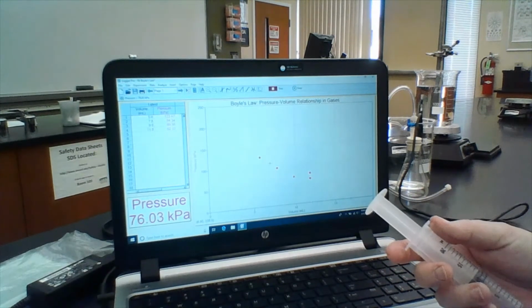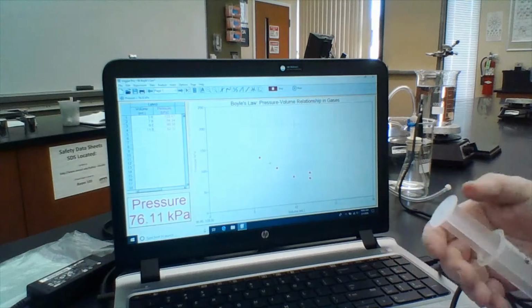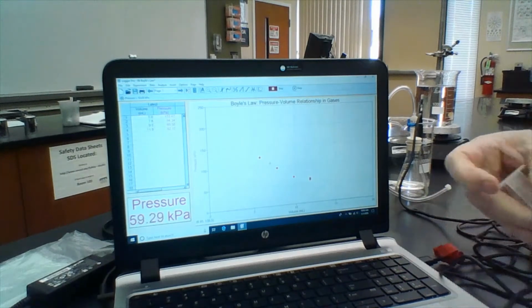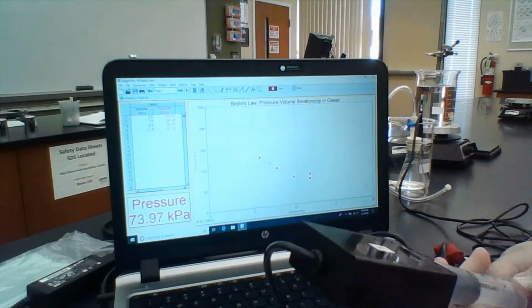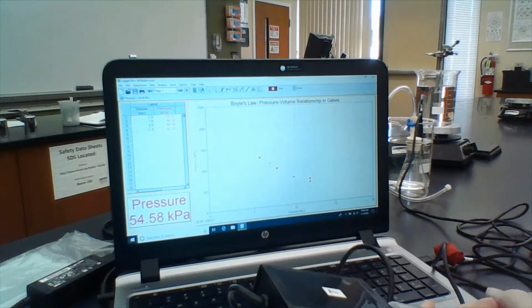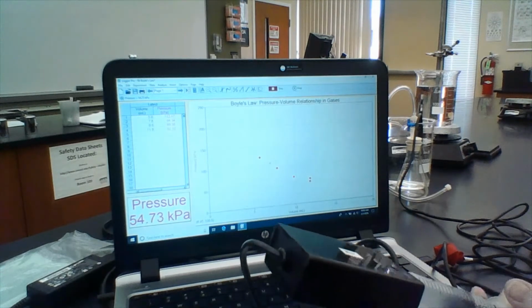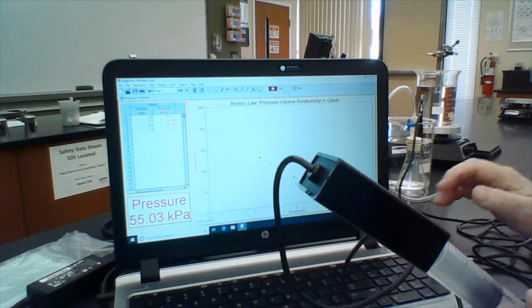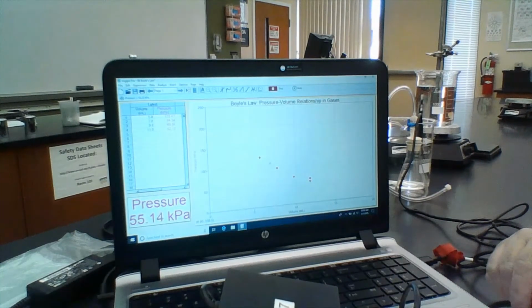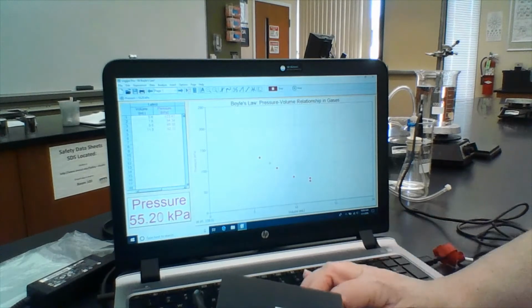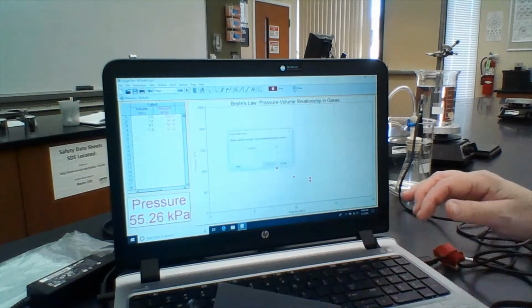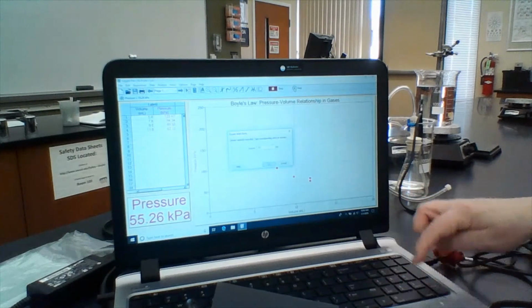Next I'm going to go up to 13. This is getting very difficult to pull back on the syringe. And there's 13, so 13.8.